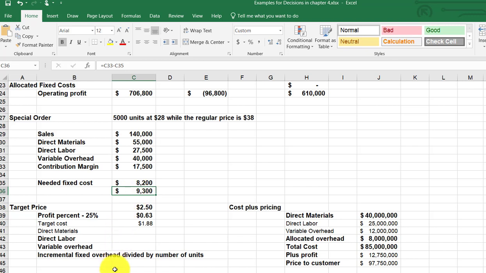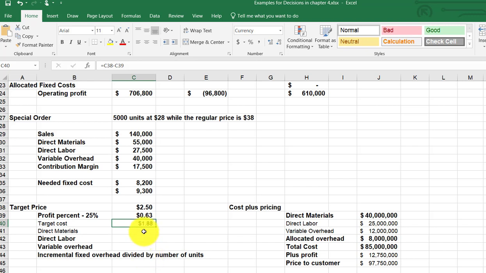And then maybe a different illustration of how target pricing and cost-plus pricing work. We look around, our product is sold by lots of people, lots of competition, and the price is $2.50. We would like to make 25%. That's not an unreasonable goal. And so our cost needs to be $1.88.